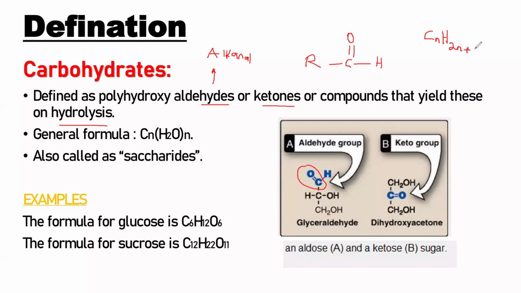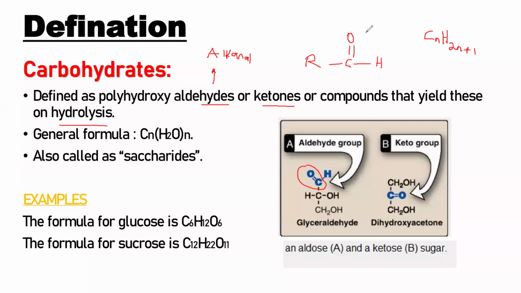And this n can be any number. So in the case of aldehydes, this R group can be any group of atoms. But n here is a number that indicates the number of carbon atoms, so it can be any number.